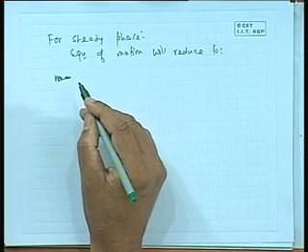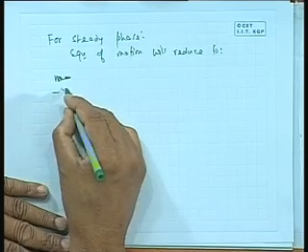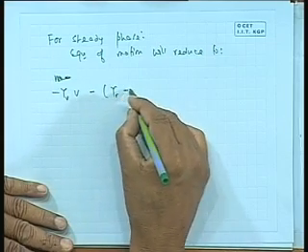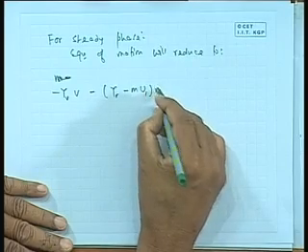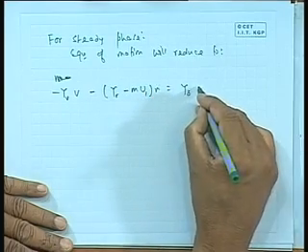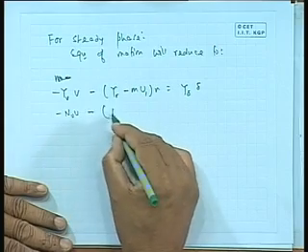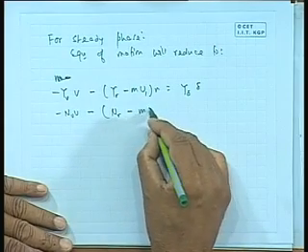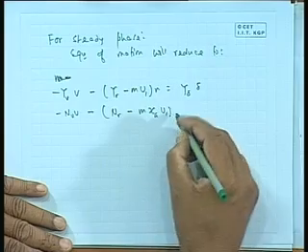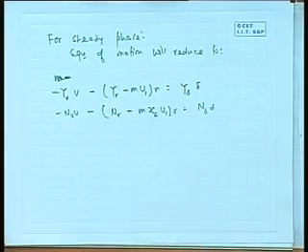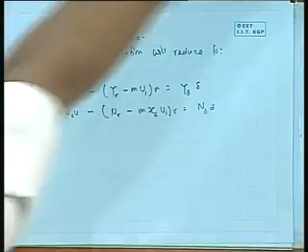I will just write it from here. See, let us not get threatened with this equation so much. I have a reason for writing this equation. Maybe I will not bother about this.